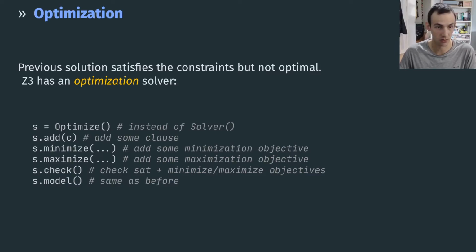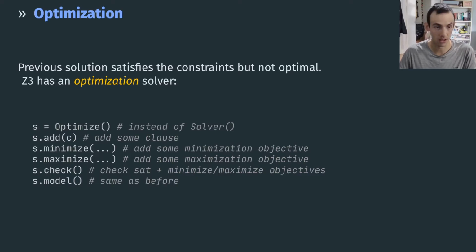So S equals optimize, and then you can add some clauses the same way you added clauses to the normal solver. You can also add some minimization and maximization objective, and that's the optimization part. So the solver, on top of ensuring that all the clauses you added are satisfied, will also try to find a solution such that the objectives you added in minimize or maximize will be either minimized or maximized.